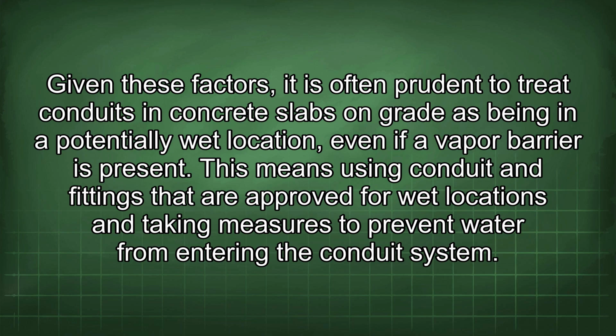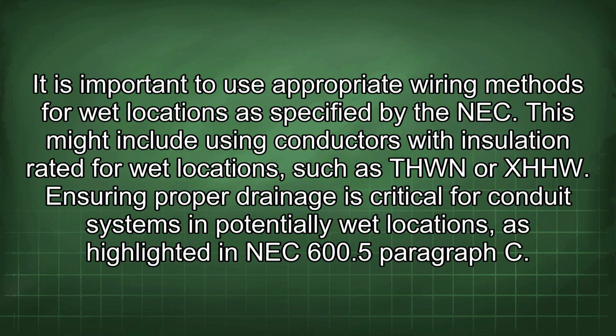This means using conduit and fittings that are approved for wet locations and taking measures to prevent water from entering the conduit system. It is important to use appropriate wiring methods for wet locations as specified by the NEC. This might include using conductors with insulation rated for wet locations such as THWN or XHHW.